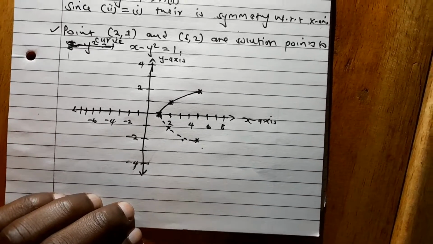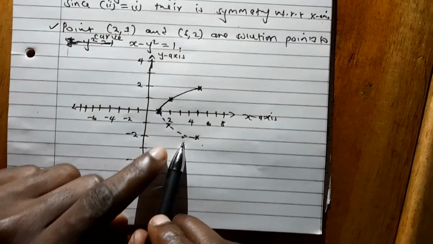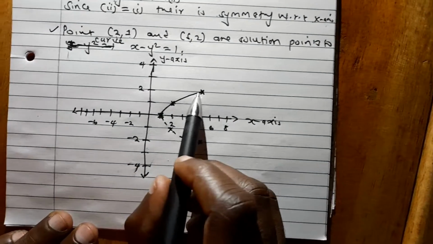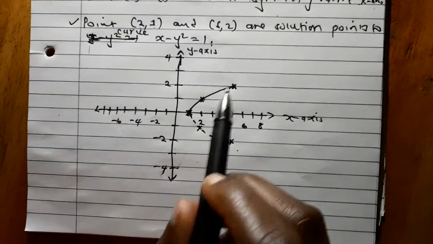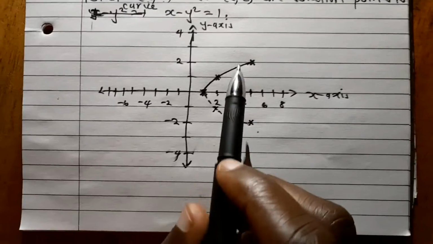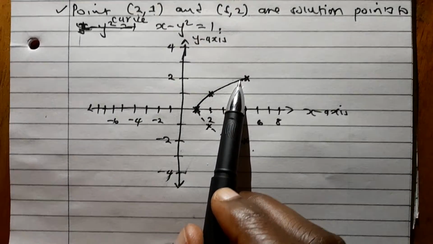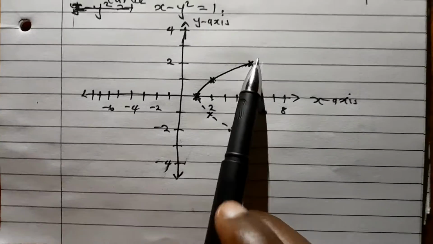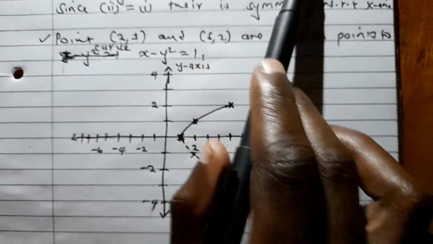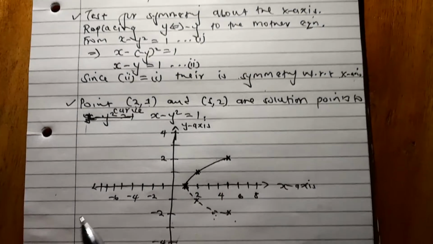The curve will be dotted to show that this portion is a mirror image of the portion above the x-axis, since there is symmetry with respect to the x-axis.